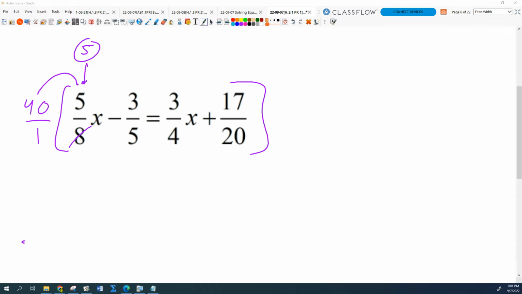So 5 times 5 gives us 25 and then an x, right? Same thing here. Instead of multiplying straight across, 40 over 5 reduces to 8 times the numerator gives us minus 24. Question?